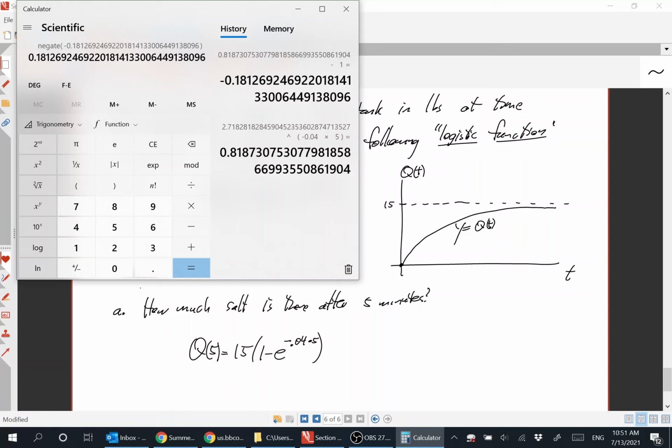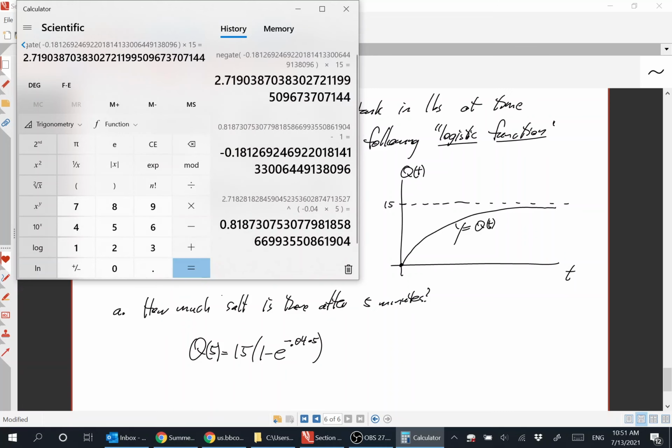Something went wrong. Subtracting from 1, then times 15. Oh no, that's right. Times 15 gives us, I've lost track of what I'm doing here.